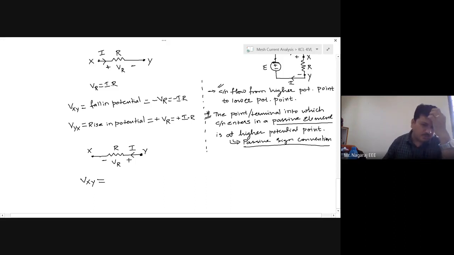Now when I trace from X to Y, as per the direction of current, I have marked the polarity of the potential across the component. Then with respect to the trace direction, it is rise in potential. So therefore it is plus VR, so it is I into R.